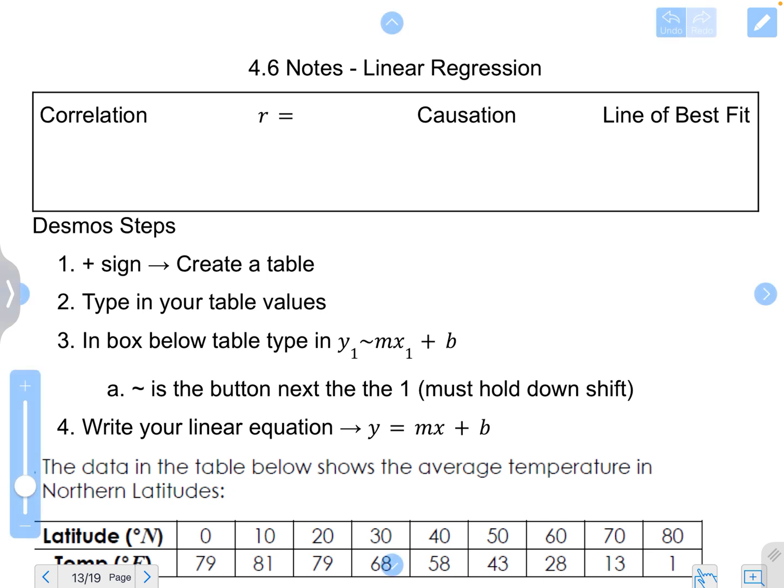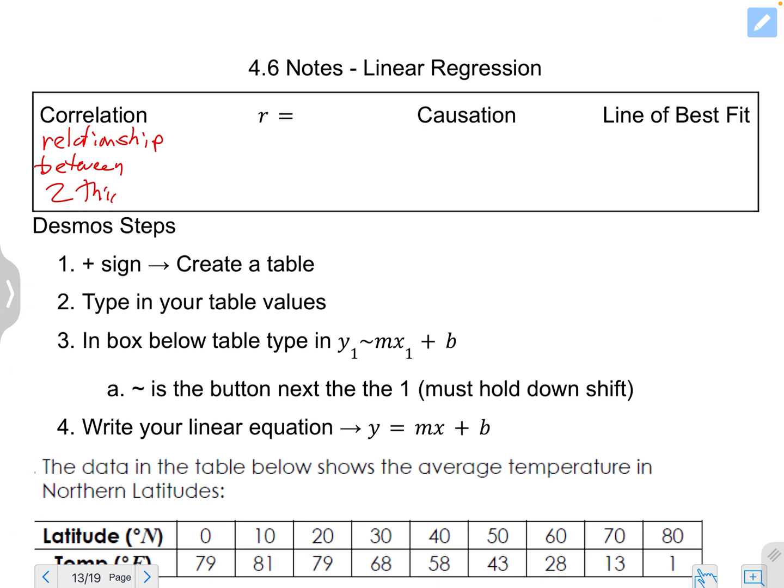So correlation is the relationship between two things. Let's spell things right. R is our correlation coefficient.